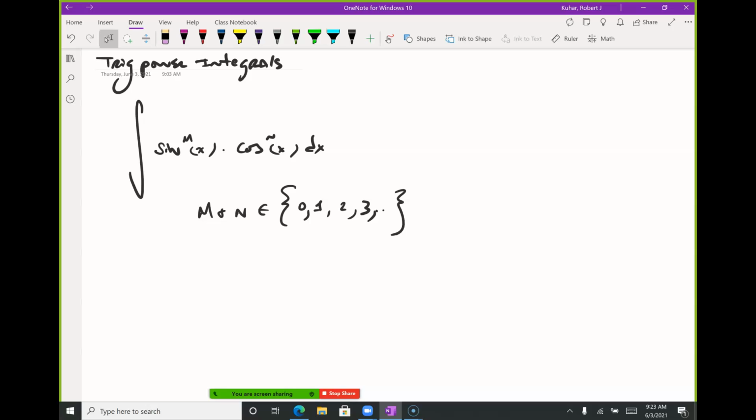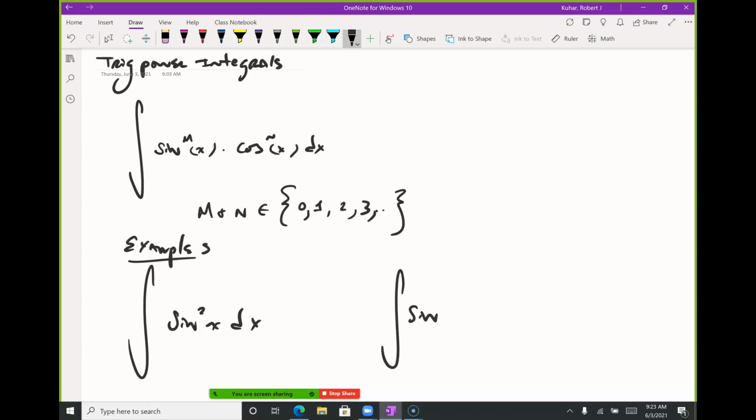So for example, just for me to write an example, I could have something like the integral of sine squared x dx. These are examples without me solving them. So you can see that the value of m is 2 and the value of n is 0. Can you imagine any combination? The integral of sine squared x cos cubed x dx.